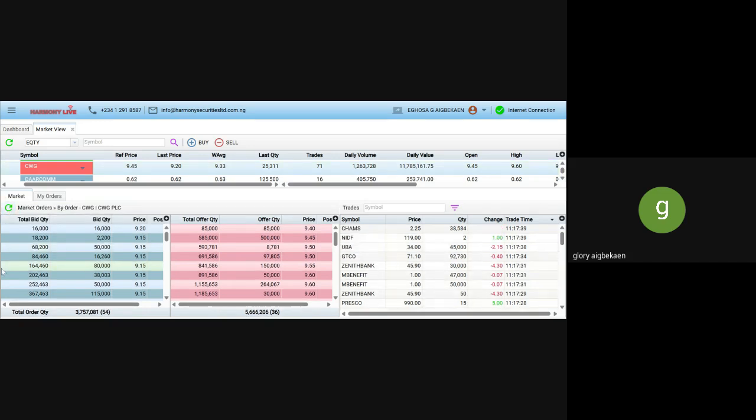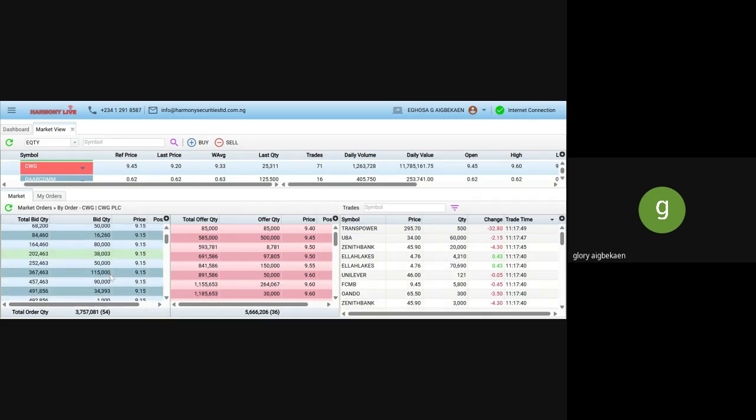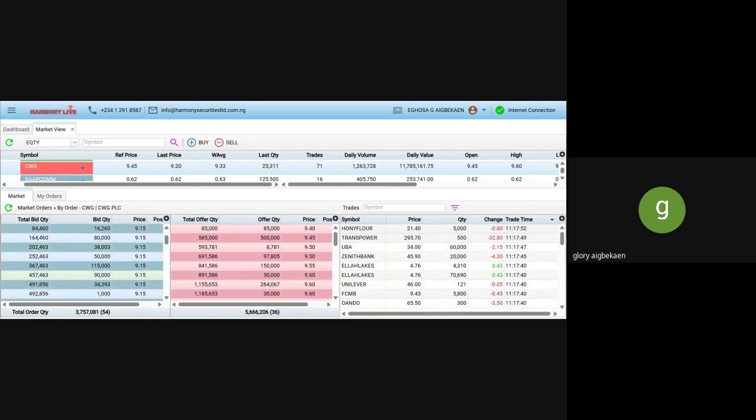So they are just pumping the shares in that CWG now. I bought it recently at 9 naira.